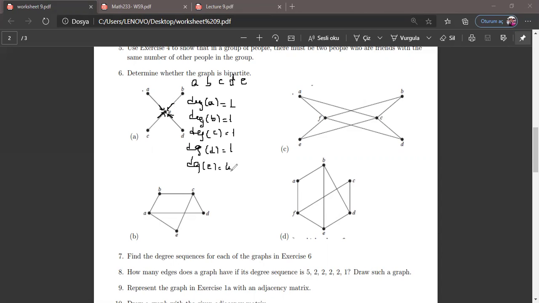There are 4 edges, so it's 4. Now, what's the degree sequence? We start with A, it's 1, then B, 1, and C, 1, 1, and 4. This is the degree sequence of this graph.